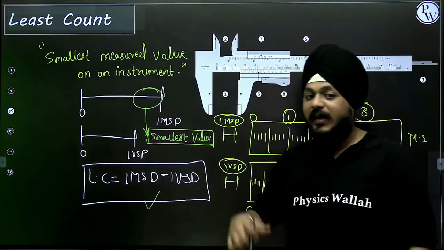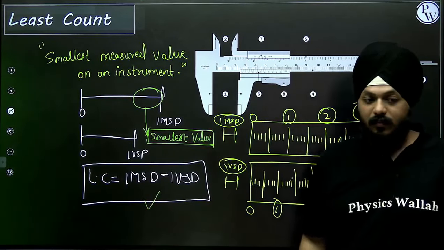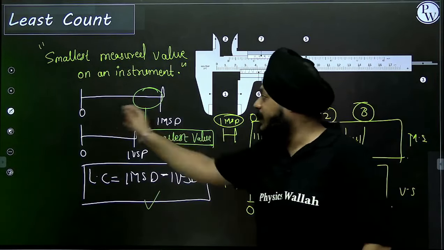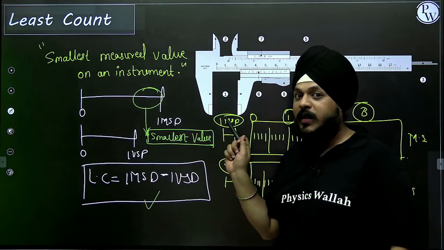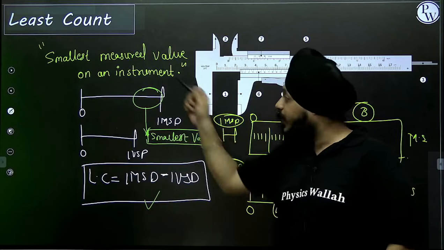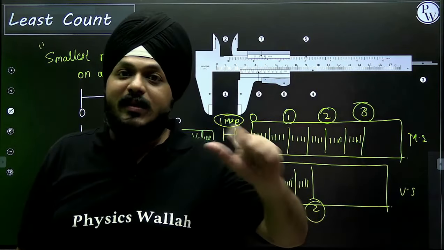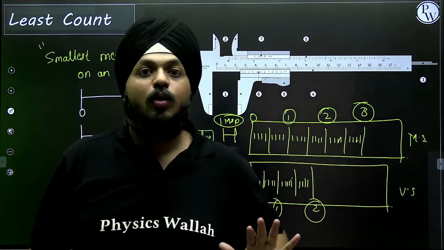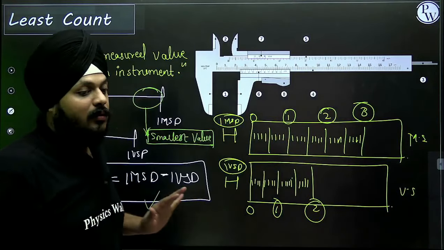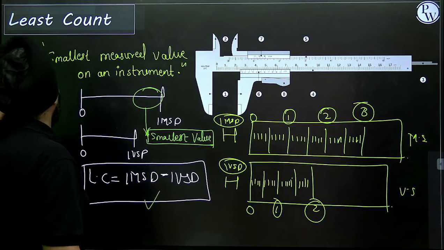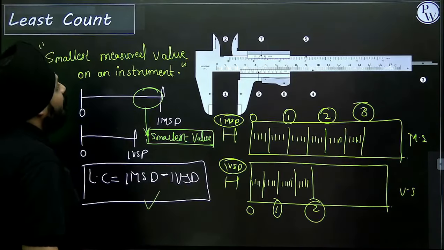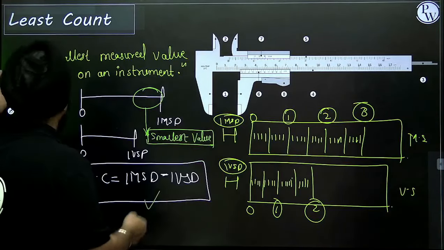There is a reason behind it. Is 1 MSD the least count, the smallest value measured? No. 1 VSD? No. The difference between them is the smallest value measured. Smallest value measured doesn't mean by an eye. So that's the actual concept of the least count. And what is the formula of least count? This one: 1 MSD minus 1 VSD.